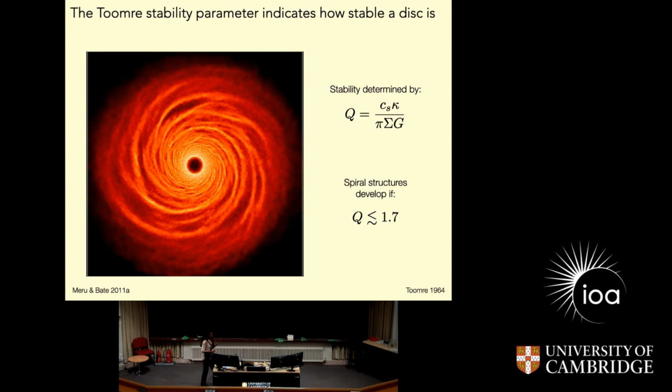And so it's really those stabilizing forces versus the destabilizing forces that we're thinking about here. Now, what we know from work that's been done many, many decades ago is that these spiral structures will develop in these disks if this Toomre stability parameter is less than about 1.7.